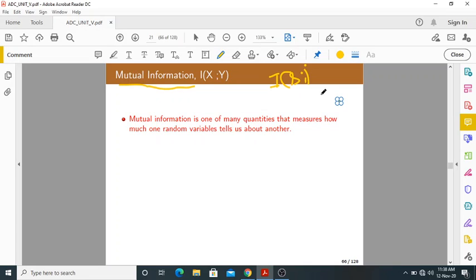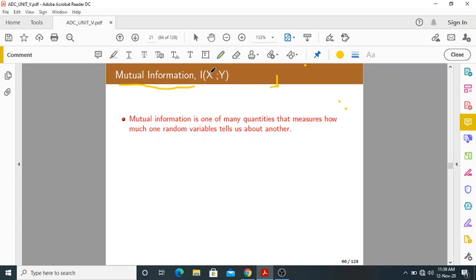Now, we will study the mutual information between X and Y. It is X semicolon Y, which means the common information that is shared between X and Y. Otherwise, you can also define it as how much random variable X knows about random variable Y or vice versa.